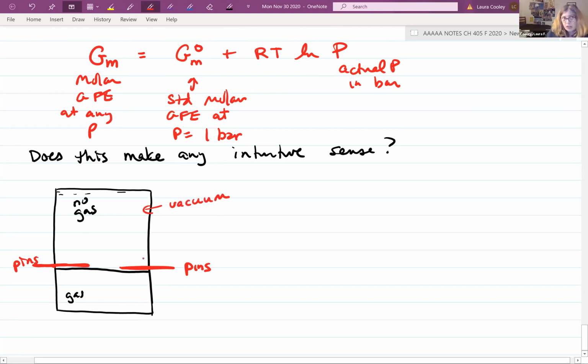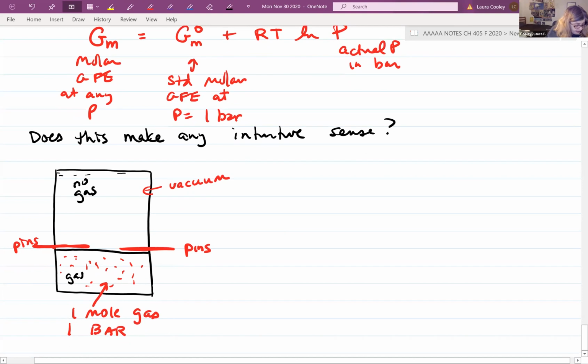So this gas wants to expand. All the gas is down in here. And let's say that I have 1 mole of gas and that the pressure is 1 bar. Okay, now we know what's going to happen intuitively when we remove these pins.